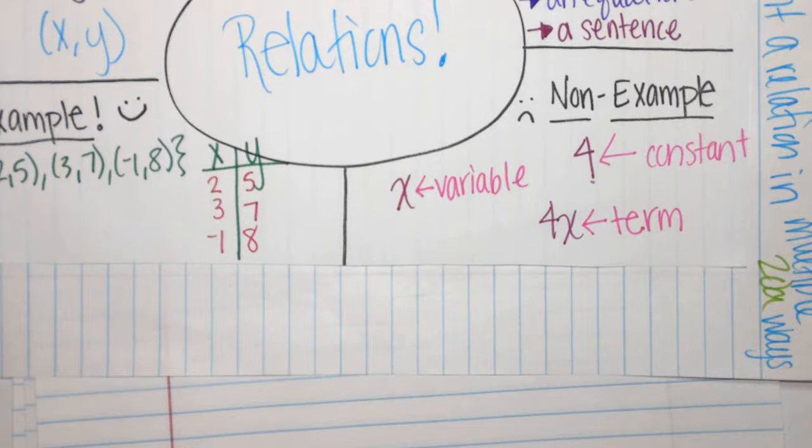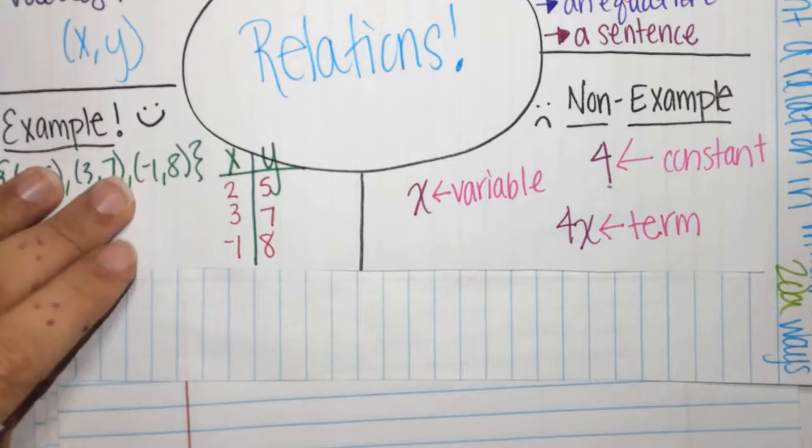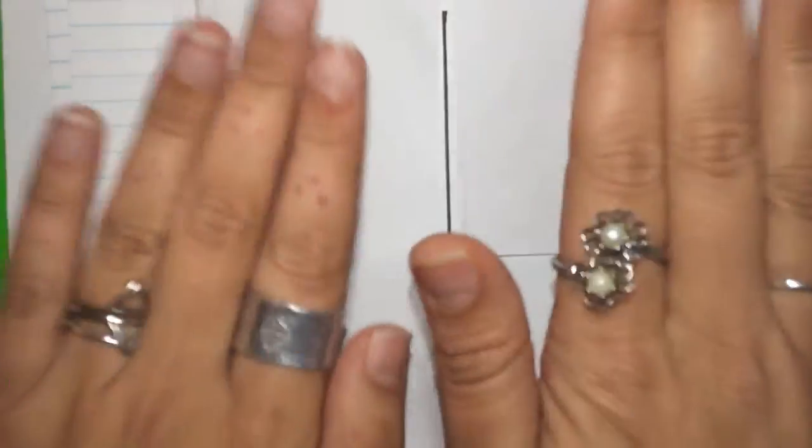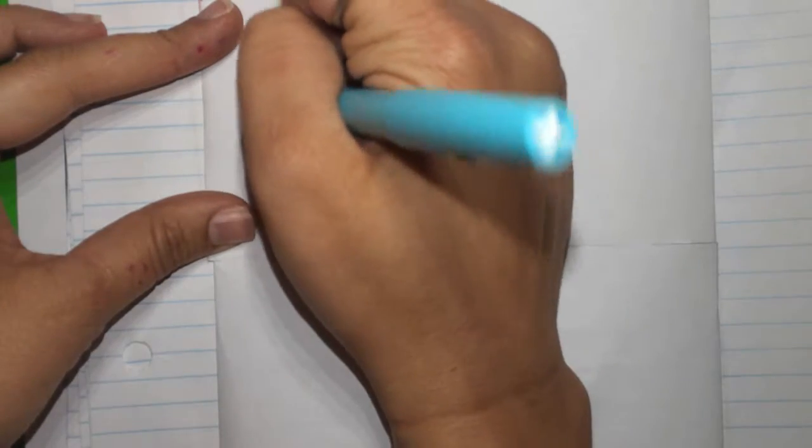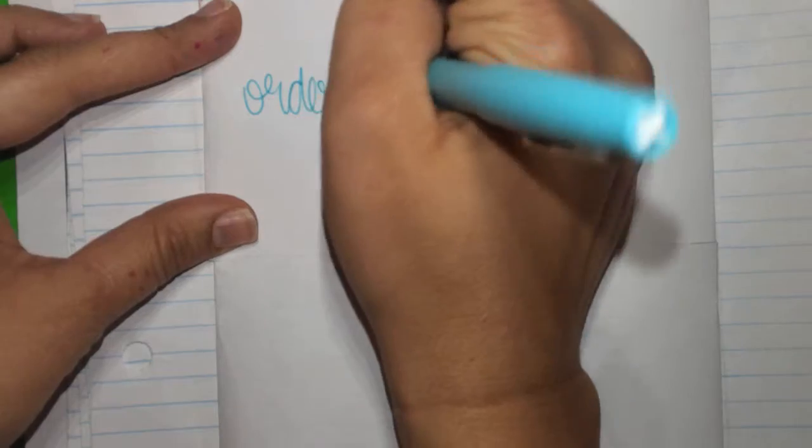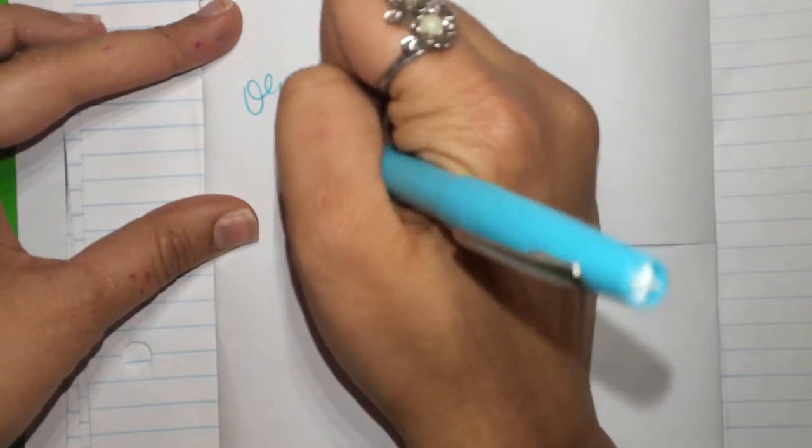Okay, so now that we don't know what a term is, we're going to go back in time and pray that you take some kind of vocab class. We're going to go to 20B, and we're going to represent a relation in multiple ways. There are 4 specific ways that we're going to do first. The first one is ordered pairs.